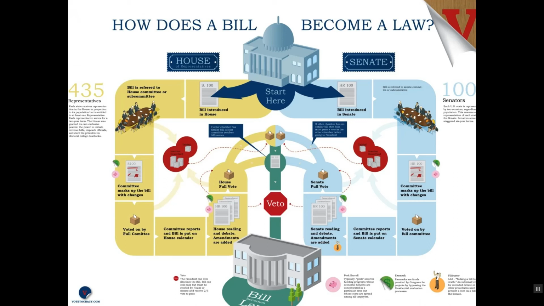Now, let's say, for the sake of example, that we're going to deal with a tax bill. Remember that the House has the power of the purse strings, so in this case, we need to start in the House. And let's again say, for the sake of example, that I found at least one of the 435 representatives who likes my bill enough that he or she is willing to put his or her name on that bill. Once a member of the House or Senate has formally introduced a bill, that member becomes what we call the bill's author.